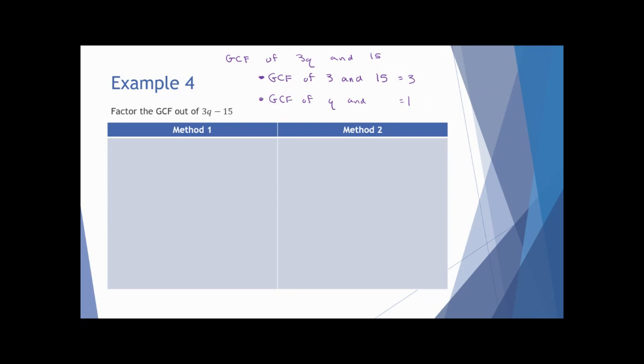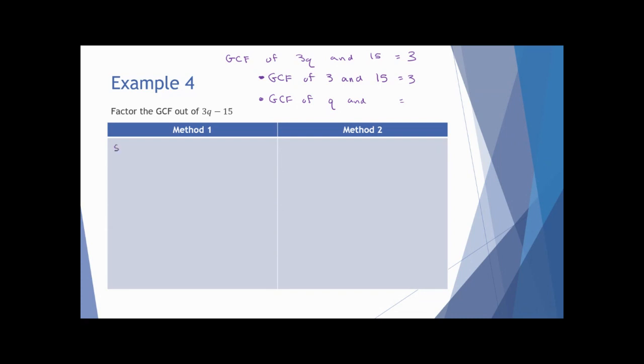I don't know if the boxes might be more confusing, but that just means you don't have anything to compare it to. You can't remove a q because it's not in the 15. So since it's not in both, we can't make it part of our greatest common factor. So the only thing that they have in common is 3 that you can divide out.